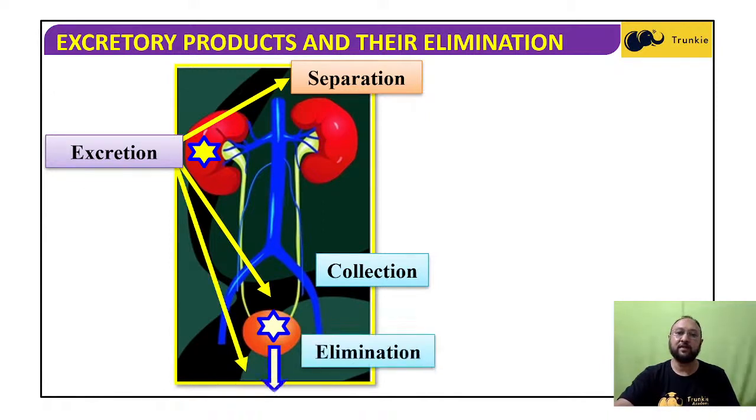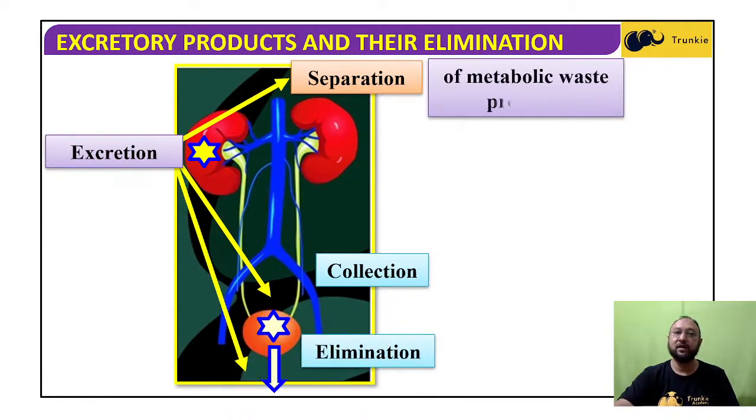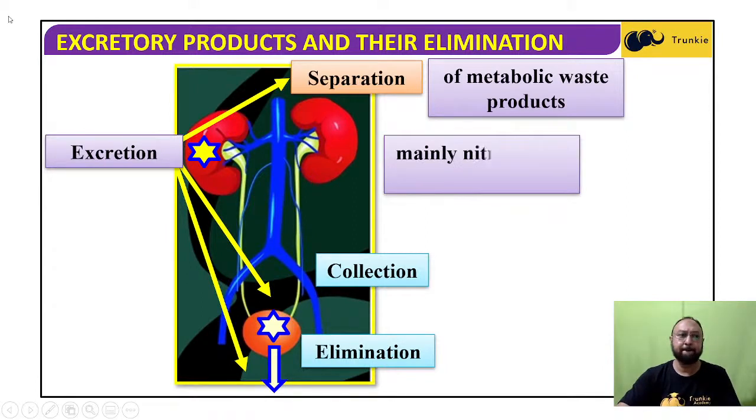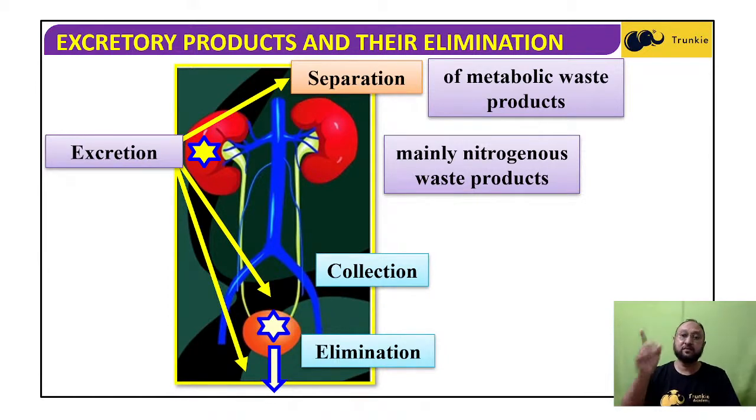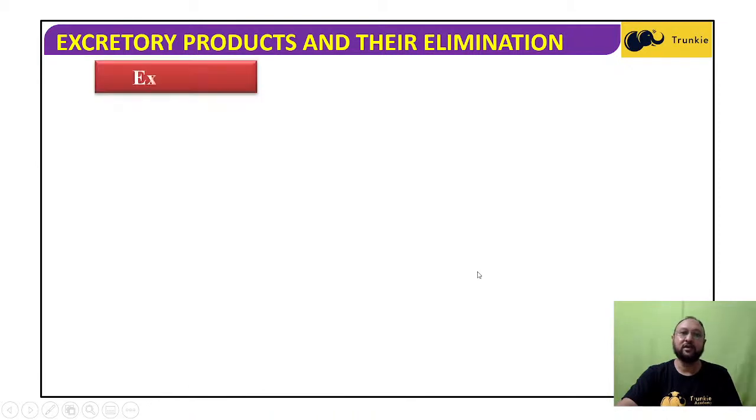So that is the elimination, that's the micturition of metabolic waste. Now we come to another thing: the separation of metabolic waste products, mainly nitrogenous waste products, collection in the urinary bladder and then elimination.